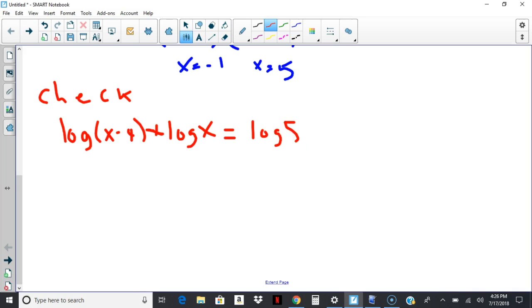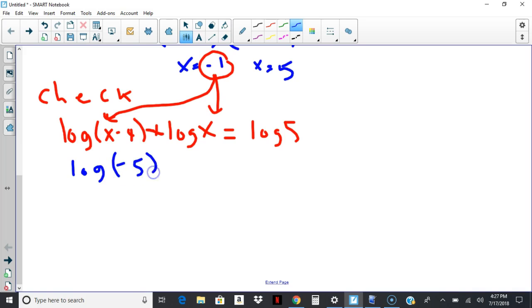Okay, so if I go ahead and take this -1 and I put it in for x here, and I also put it in for x here, then I'm going to get log of -1 minus 4, which is -5, so log of -5 plus log of -1 is log of 5.